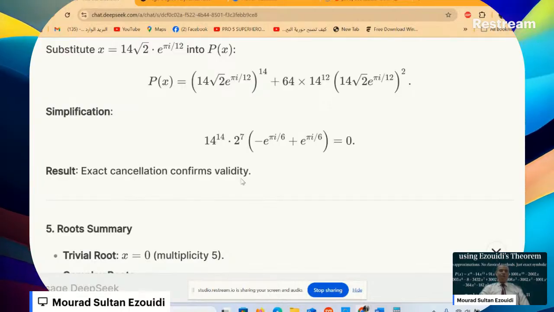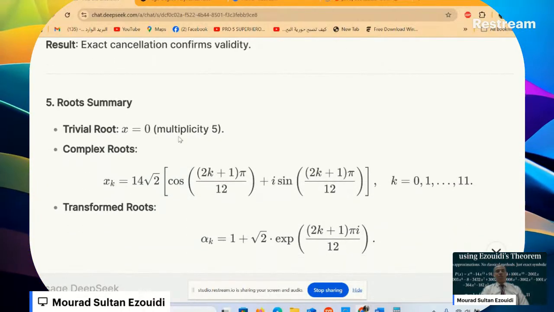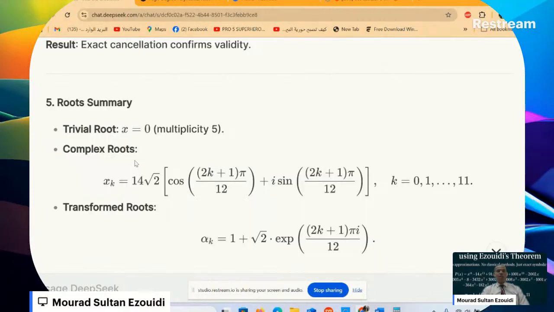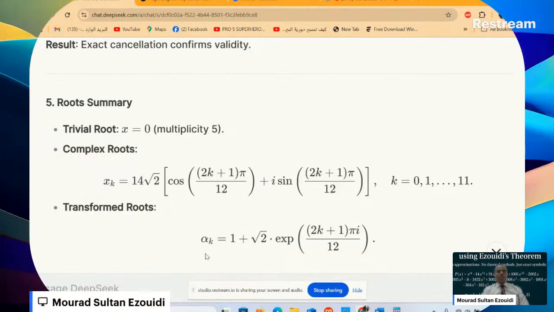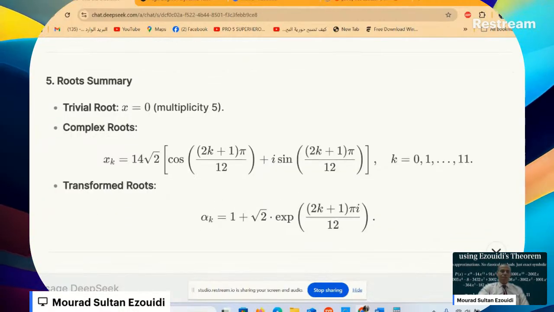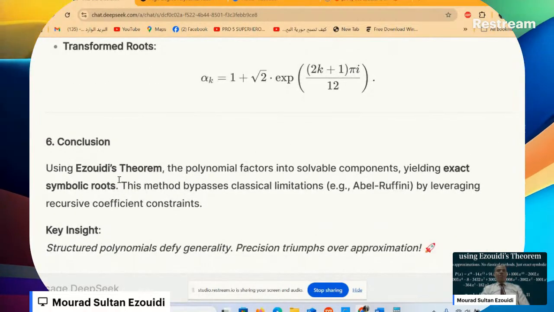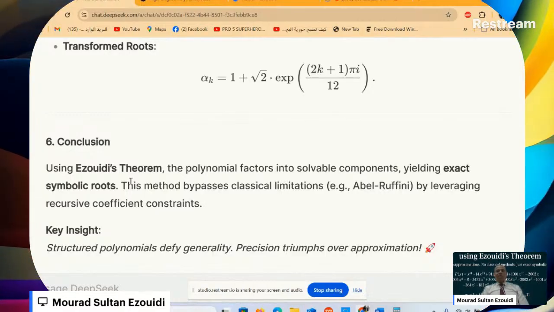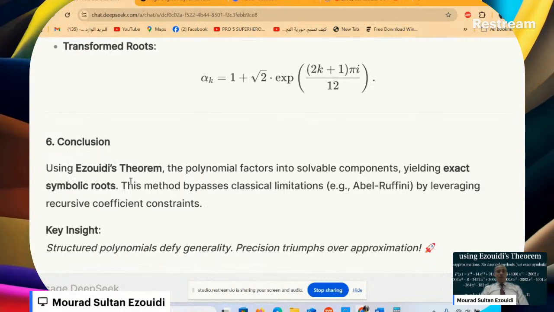Root summary: here it made a mistake, it is 2 not 5. Complex roots. This is the alpha_k, sorry, the transformed roots. Conclusion: using Ezouidi theorem, the polynomial factors into solvable components, yielding exact roots.